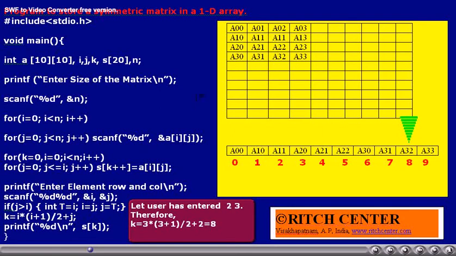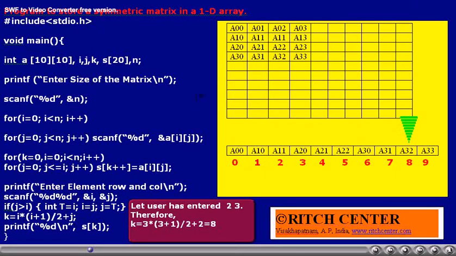Let us assume that the user has entered 2 3, that is, you wanted the second row, third column element value. However, we don't have really the second row, third column element value, rather its transpose mirror A32 is available.